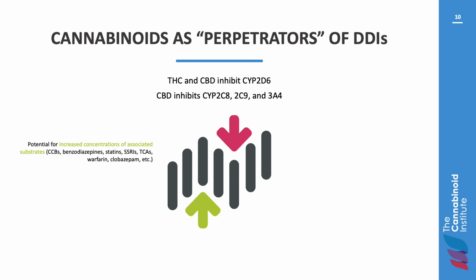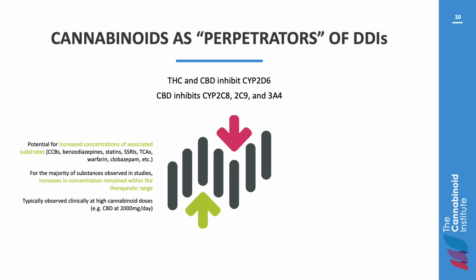For the majority of substances observed in studies, the increases in concentration remained within the therapeutic range. Also, these interactions are typically observed clinically at very high doses of cannabinoids, for example, CBD at 2,000 milligrams per day. Slow cannabis dose titration and patient monitoring is key until we have a better understanding of the actual incidence of these drug-drug interactions.